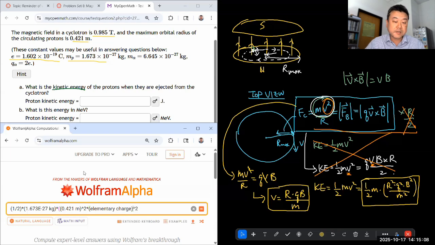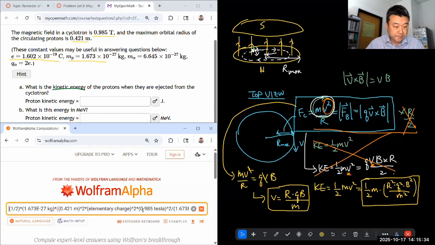And when you specify things this way, it automatically includes the units. It's part of the physical quantity. The magnetic field 0.985 Tesla, squared. All of that divided by this amount of mass, proton mass, squared. I probably could have saved a little bit of work by combining this and squaring them all together.